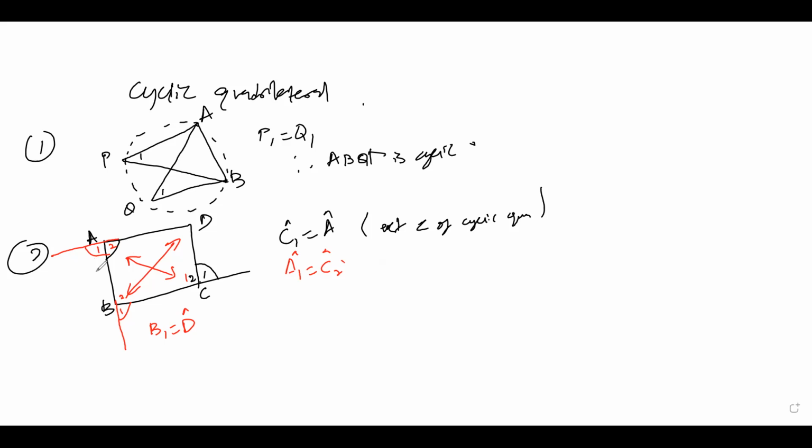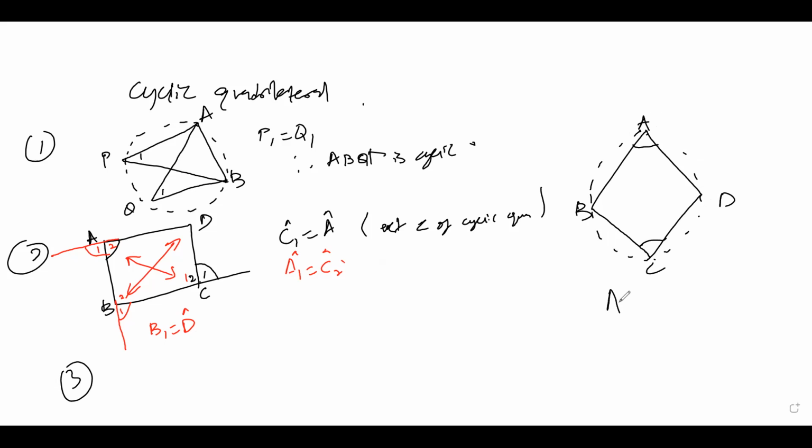Then we've got condition 3 for the cyclic quad. Opposite angles of a cyclic quad are supplementary. So if you can prove that these angles, when you add them up, give you 180, therefore this will be a cyclic quadrilateral.